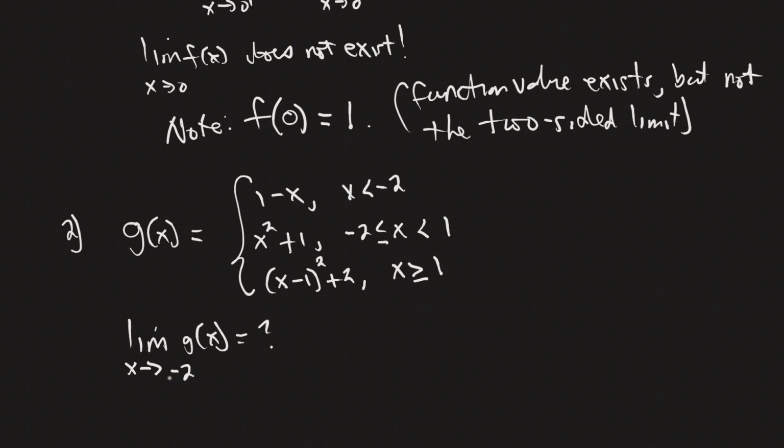So for negative 2, now at negative 2, the function changes from the linear function here to this parabola, right? So again, since it's piecewise, we have to consider the one-sided limits. And let me just write them down here.